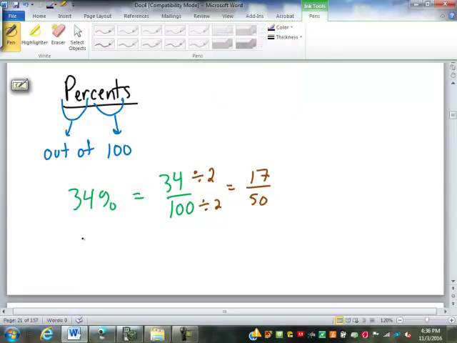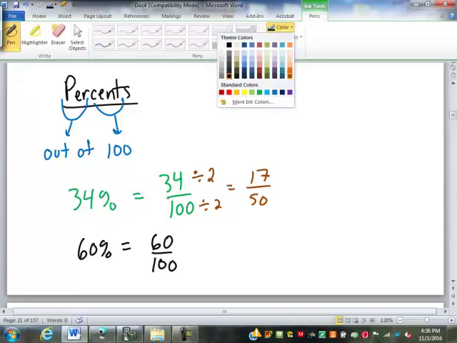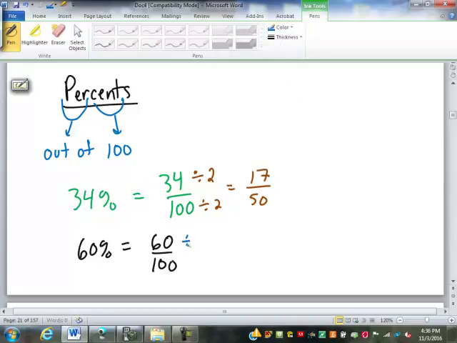So if we have 60%, how are we going to make it into a fraction? Where is it going to start? 60 over 100, yep. And both of those can be divided by 10. Gives us 6 over 10. And still divided by 2. Gives us 3/5.